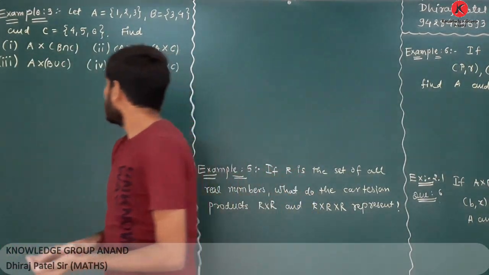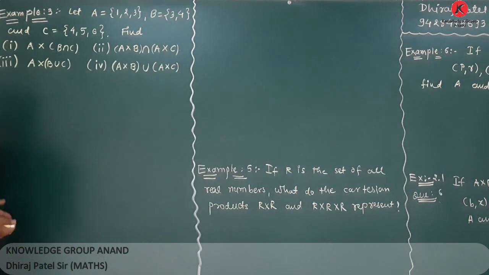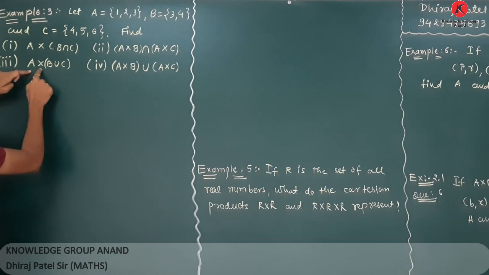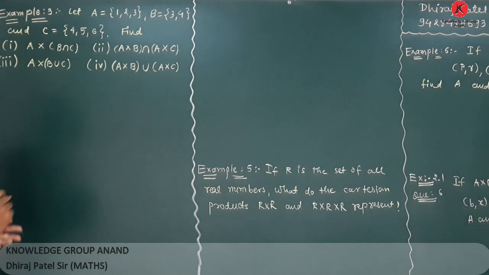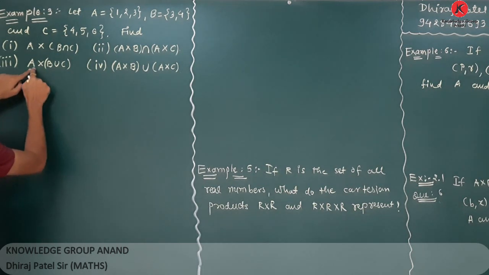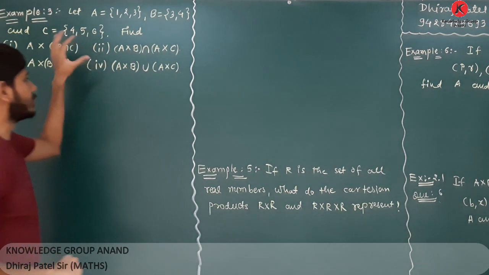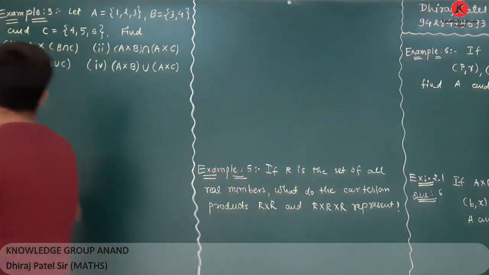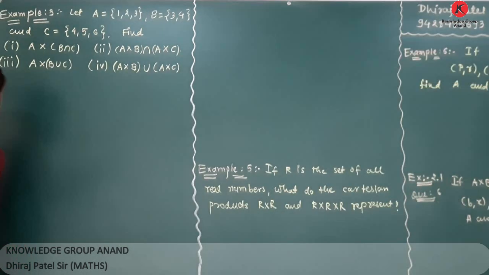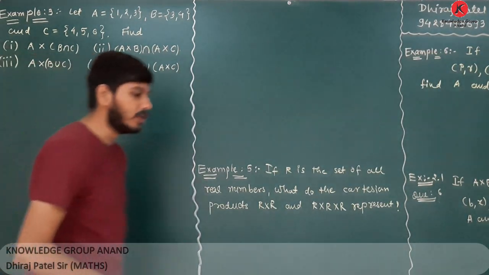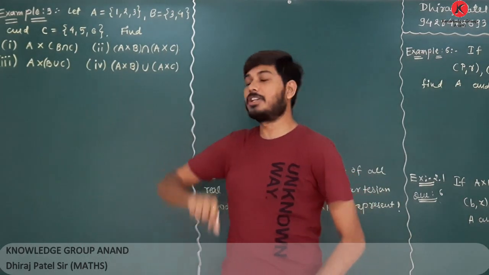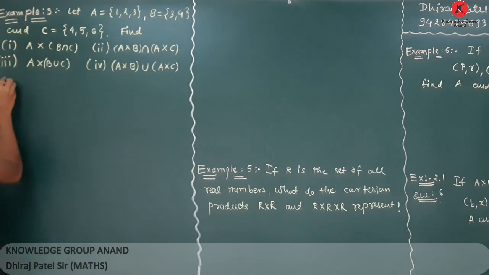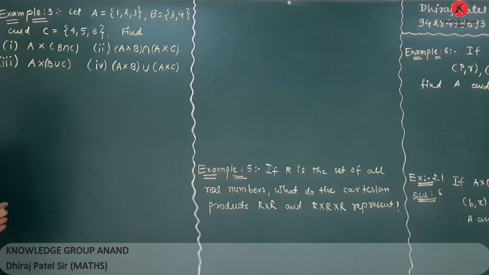And the distributive law is also third and fourth: A cross B union C means A cross B union A cross C. That means the answer of first and second will be the same, and the answer of third and fourth also will be the same. This is the distributive law, and we will verify this distributive law with this example. Clear?